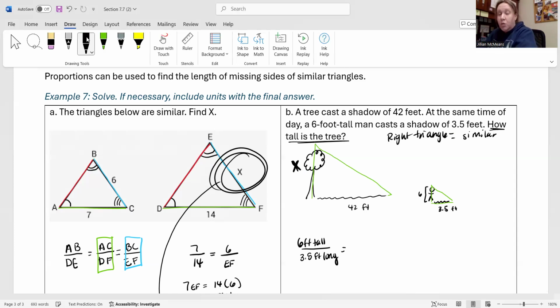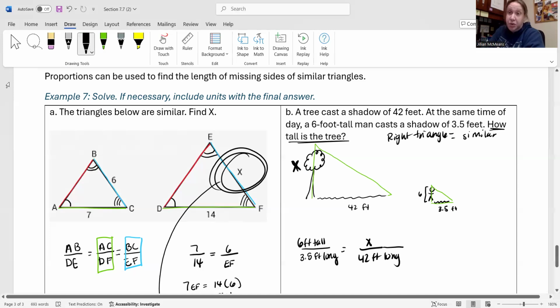We're going to set up another ratio that deals with the height of the tree, which is x feet tall, and it has a shadow that is 42 feet long. Remember, when you're dealing with proportions, the only real massive condition is when you set up this proportion, your units have to line up horizontally. So similar ideas line up horizontally. We have the height of the man in the numerator, therefore the height of the tree needs to be in the other numerator.